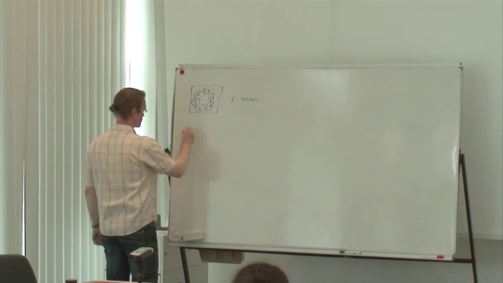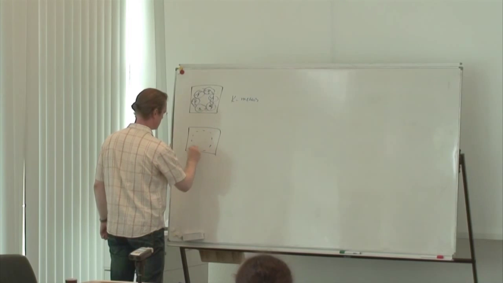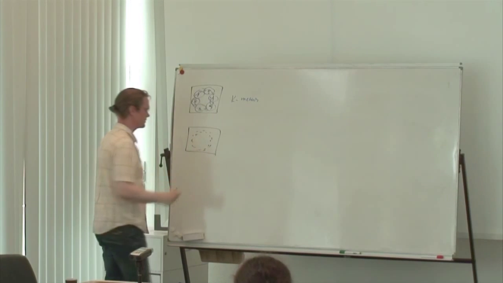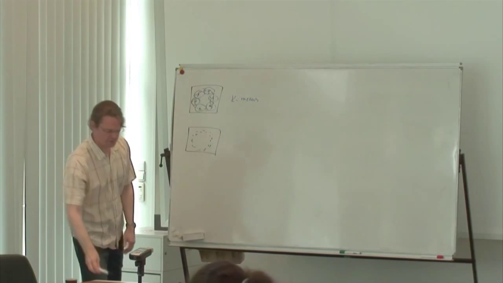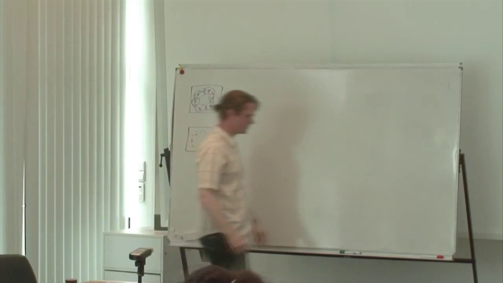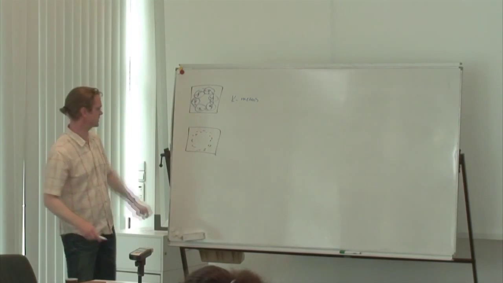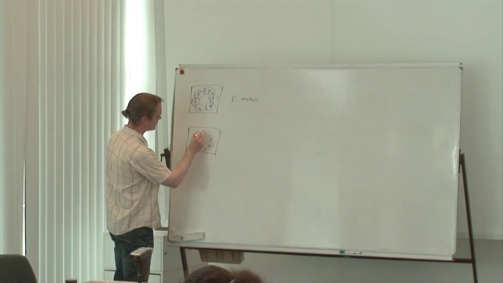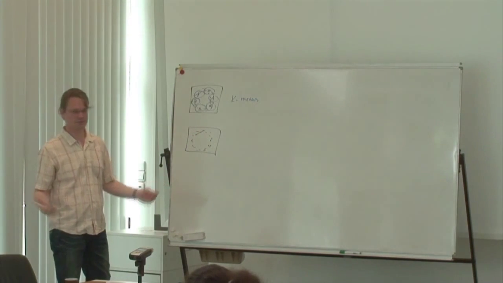Now, we could try the following. Here are our observations of what the player did. And then we could come up with the idea of computing a nearest neighbor graph given these points. Basically, for every point, we would connect it to its, say, L nearest neighbors.